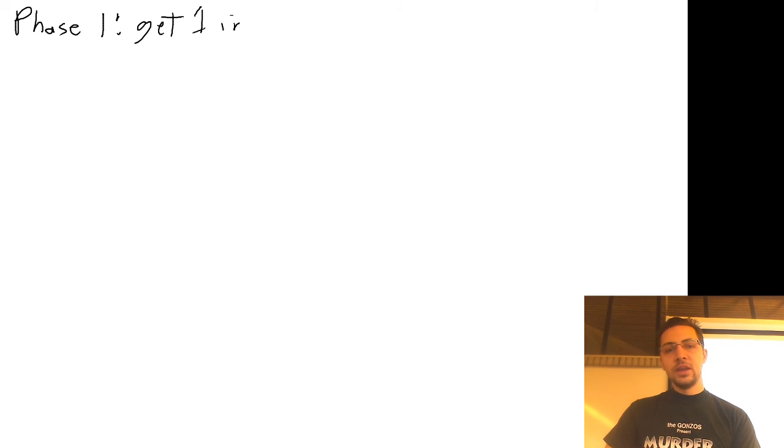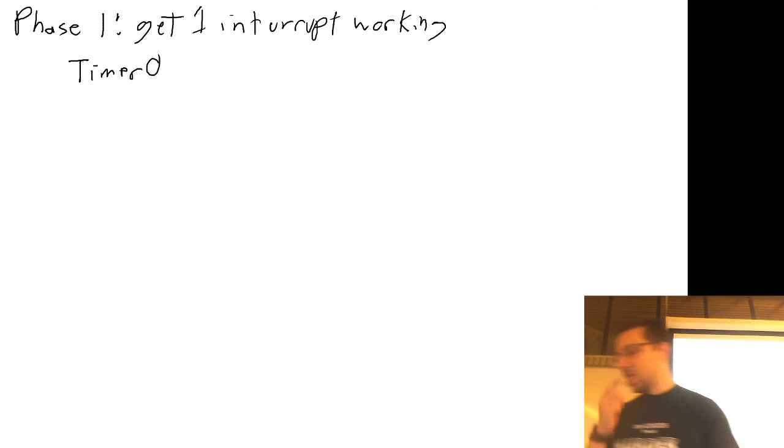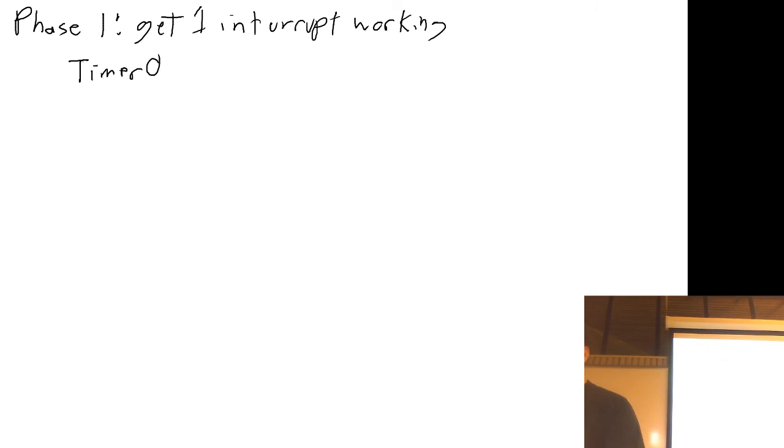So phase 1 is basically get one interrupt working. Specifically, we want to deal with the timer 0 interrupt. Now, phase 1 in the lab, I actually split it up into 2 when I was implementing it for you guys. First thing is just make timer 0 fire at the right time.